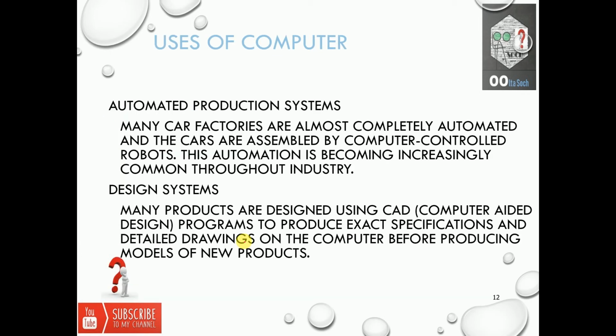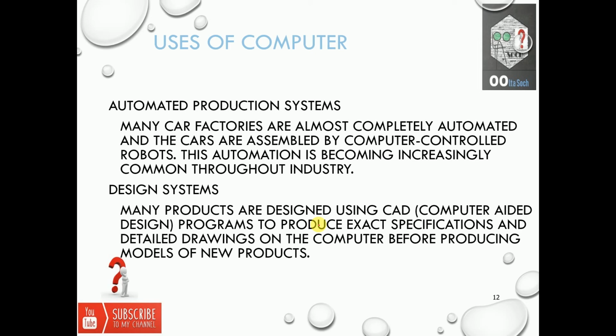Automated production systems. Many car factories are almost completely automated. We don't use humans. If you ask a human to make five structures, there will be different types of structure. Even if I ask you to make five paintings, all five paintings will be different. But if I ask a computer to make five copies of a single print, it will do so without any mistake, and all five will be right.